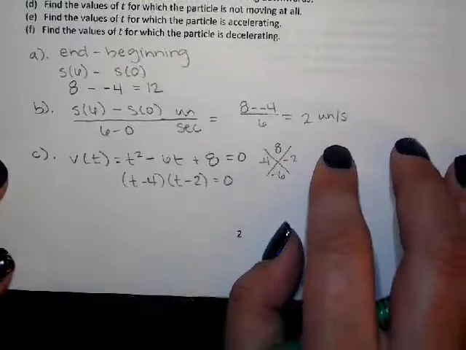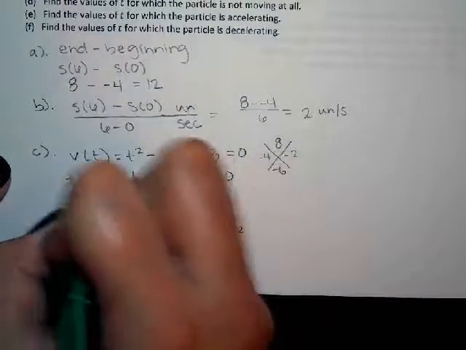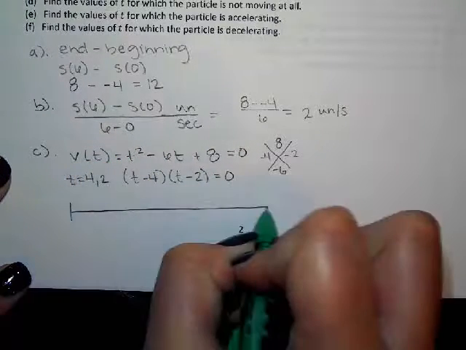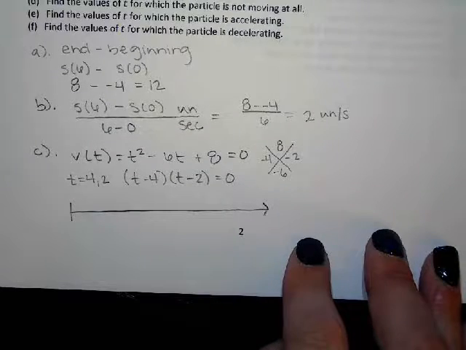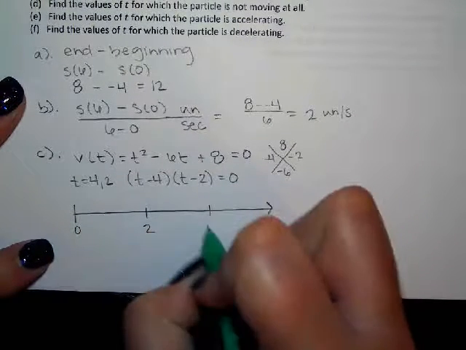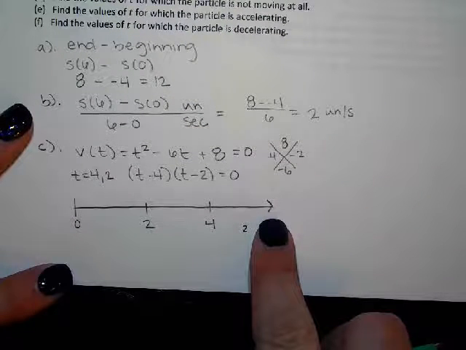All right. So our two answers for t are what? 4 and 2. Okay, so we're going to make a number line. What is the very smallest end of our number line? 0. And then we got 2, and then we got 4, and I'm putting a right arrow for infinity. It's going to go forever. Okay.